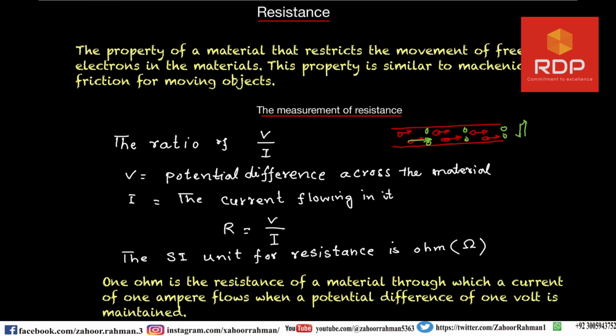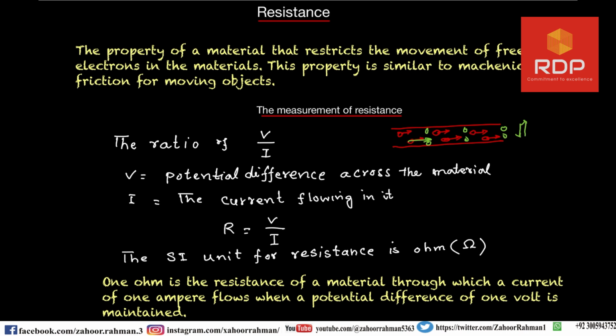If there is a resistance, meaning opposition to the flow of free electrons, and if the opposition is larger, then few electrons will pass through these barriers, and as a result we will get less current.